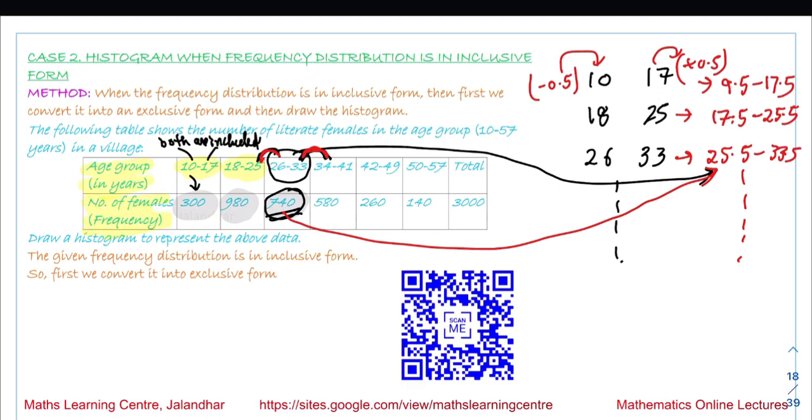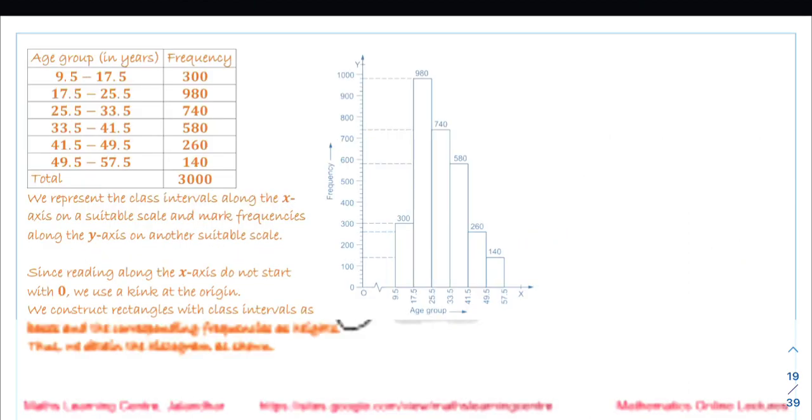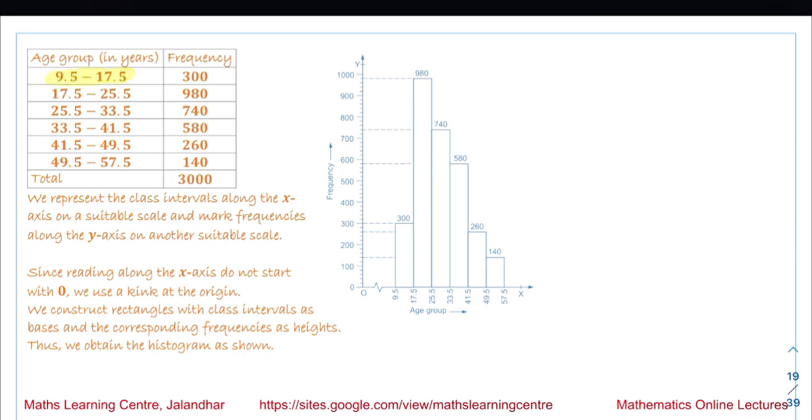It is converted into the exclusive form in this way: 9.5 to 17.5, the frequency is 300. Similarly, from 17.5 to 25.5 it is 980, and likewise we get all other values. Now this is the table that we have obtained in the exclusive form.